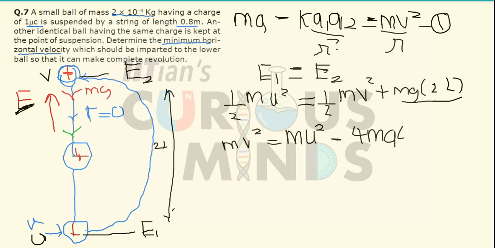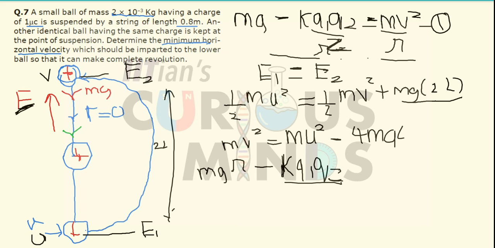So mv square will be equal to... here I multiply this whole equation, the first equation, by r. So it will be equal to mgr and mgl. Let me substitute r minus k q1 q2 divided by q1 q2 divided by r, which will be equal to mv square.